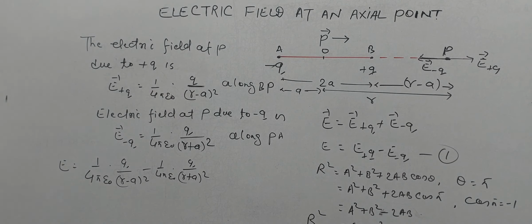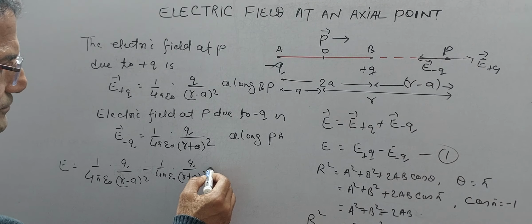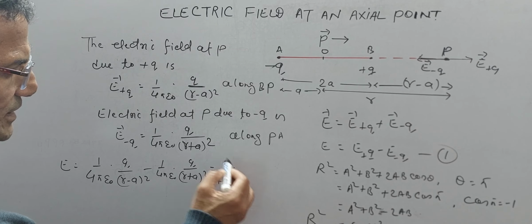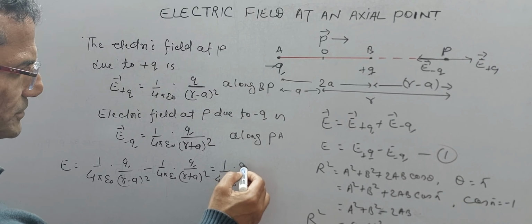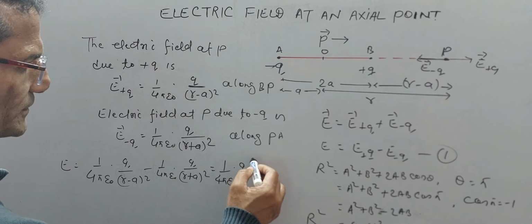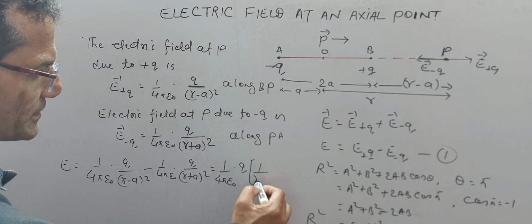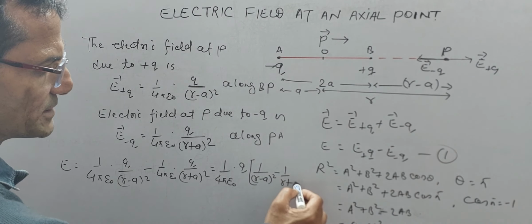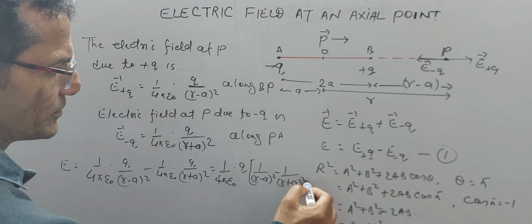If I take 1 upon 4 pi epsilon naught and Q common outside, inside it becomes 1 upon r minus a whole square minus 1 upon r plus a whole square.